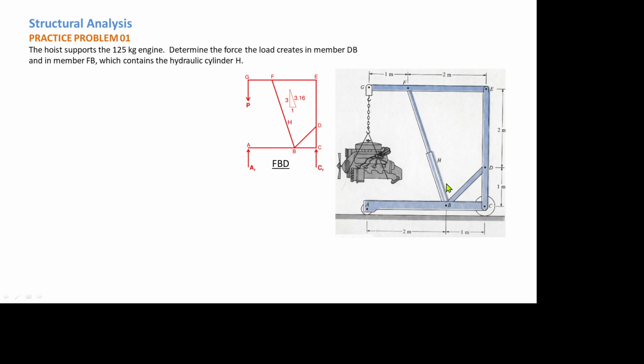So if we look at the figure, we have the free-body diagram. We have the vertical reaction at point A and also at point C. This is the vertical reaction due to the wheel A and wheel C. So we have the vertical load due to the weight of this engine, which is P. So the frame is in equilibrium.